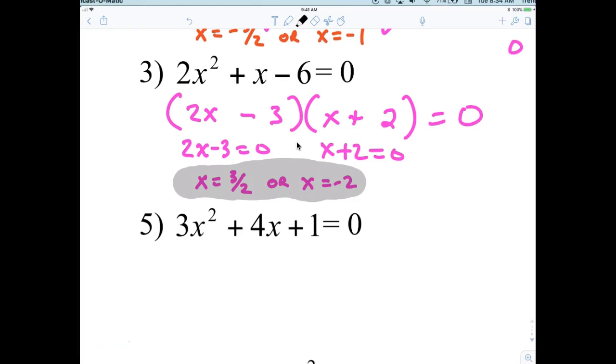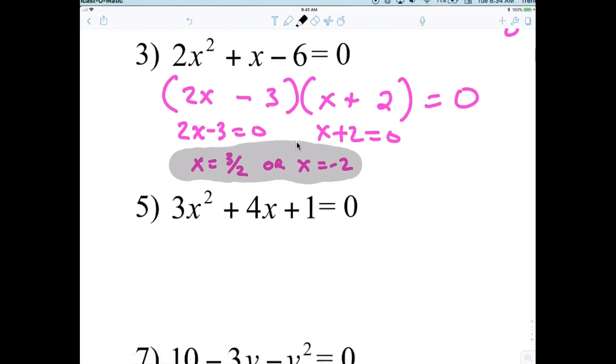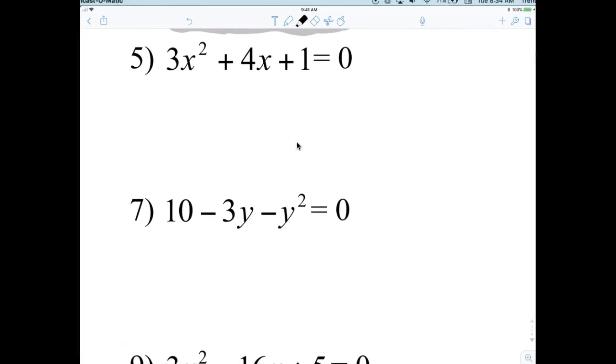That's just the way it is. So again, I'm on question number 5. We're just going down the page. For number 5, this one should be pretty easy because the leading coefficient is prime. So the only way we can make 3x squared is with 3x and x.